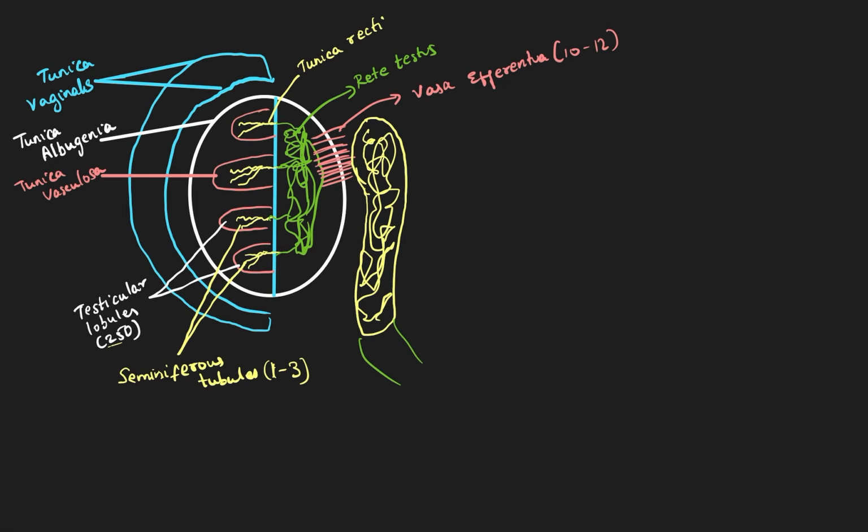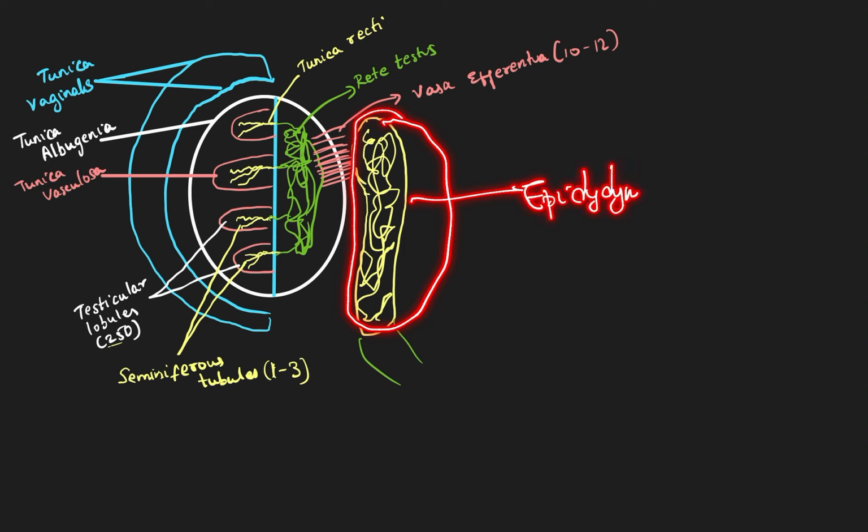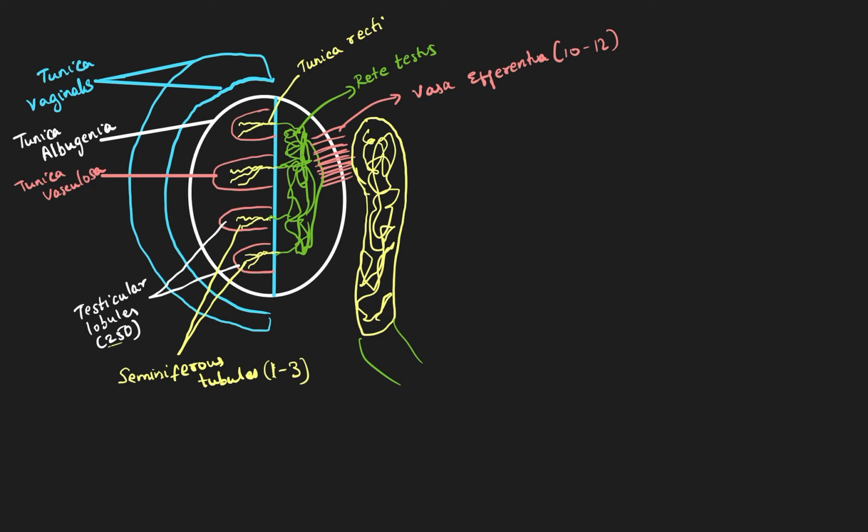This yellow region is this entire part. The vasa efferentia is attached to this part, which collects the sperm. This part is known as the epididymis. It has a head, body and tail.